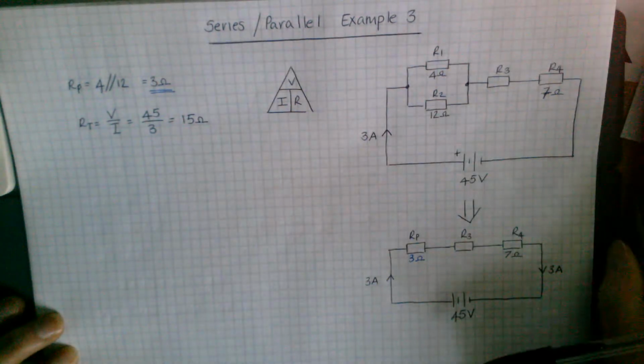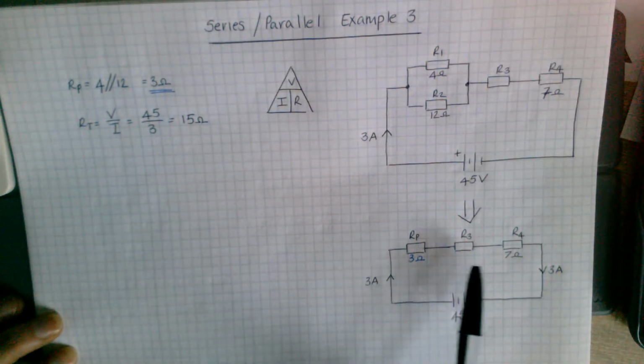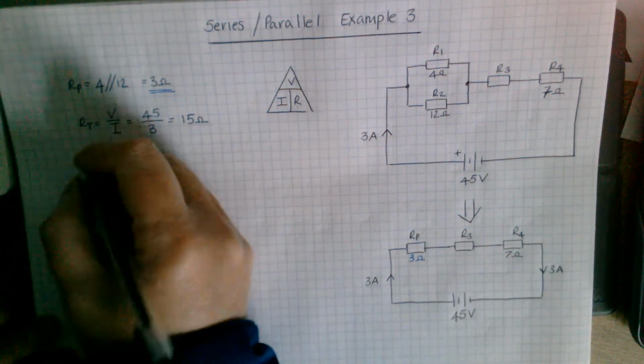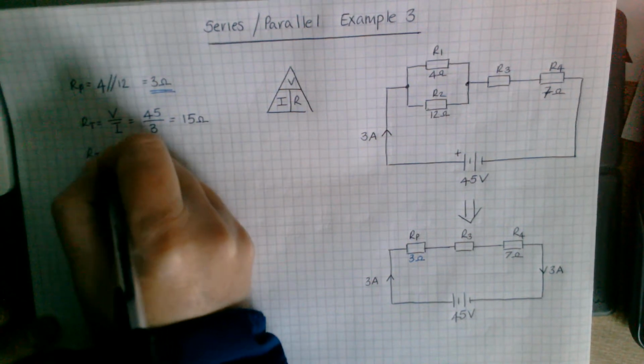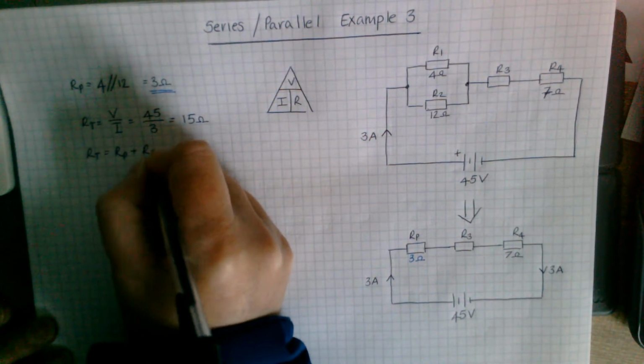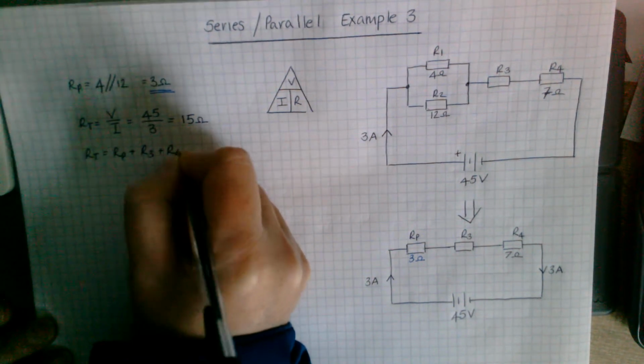So 15 ohms. So you've got 3 there, 7 there. 3 and 7 is 10. That one must be 5. So our total must be equal to RP plus R3 plus R4.